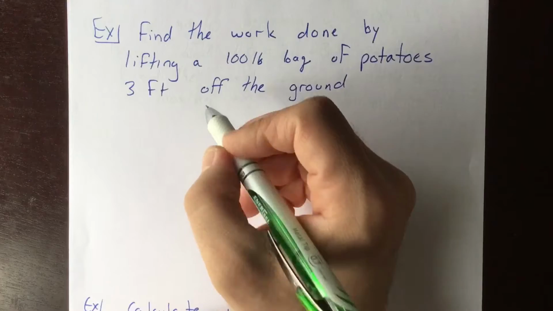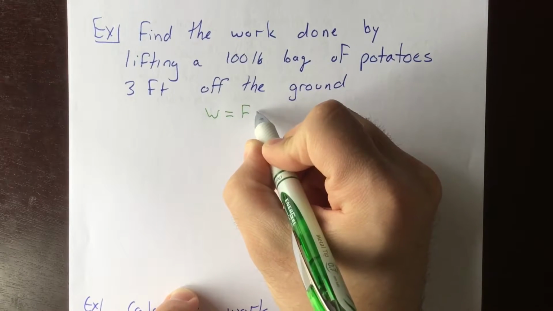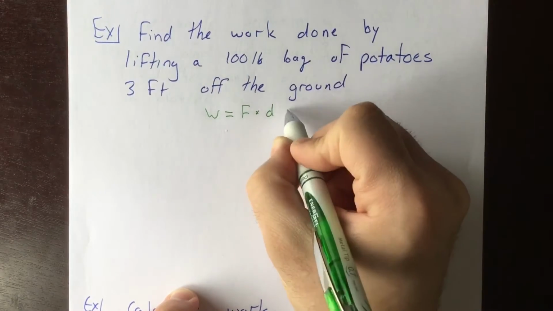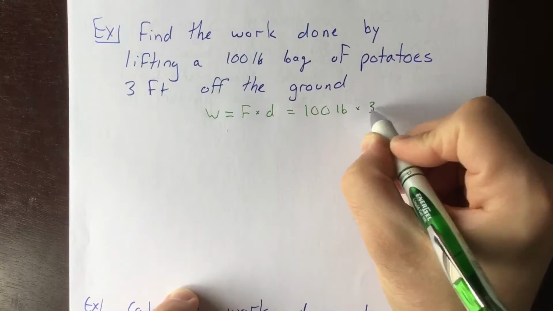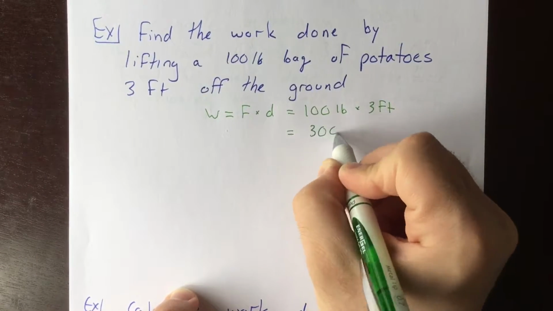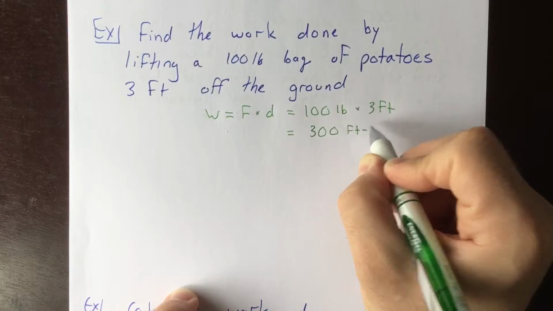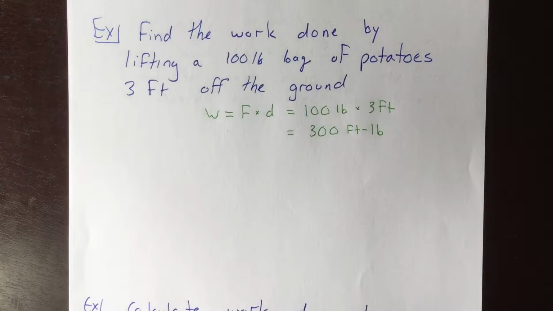The work done is force multiplied by the displacement. Okay, so 100 pounds times the 3 feet. So that's going to be a work of 300 foot-pounds of work, or pounds-feet, however you want to write that.